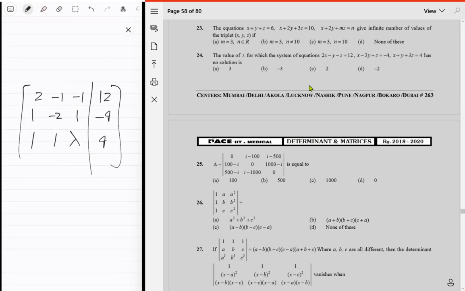Once again the same thing. This has no solution, so of course this determinant must be 0, right? First things first. Wait, that just gives us lambda anyway, right? Okay, so this determinant that's not equal to 0, I'm going to assume that either there's no solution or there is a solution, right?